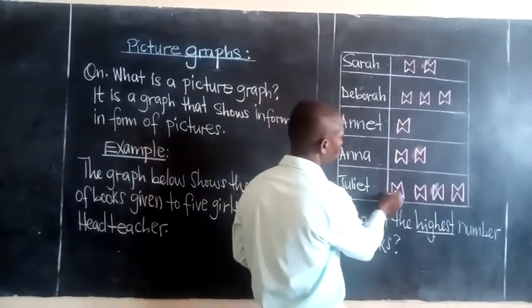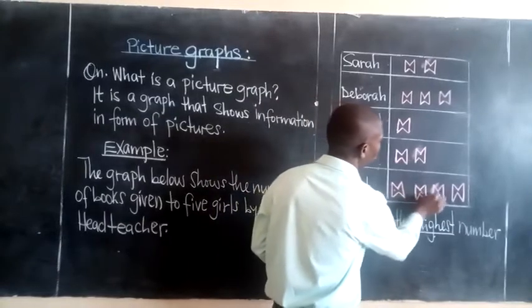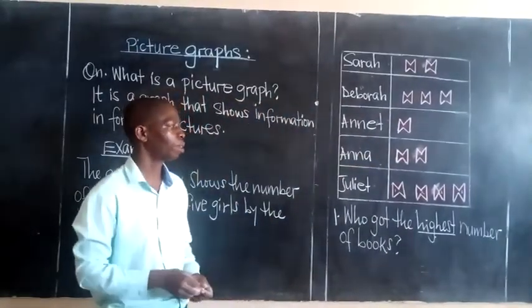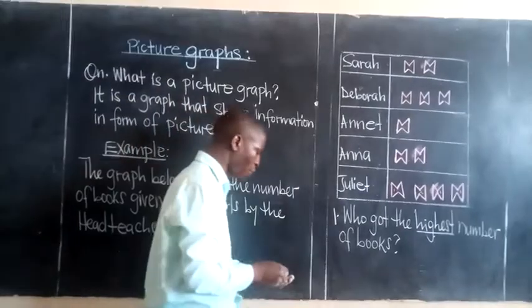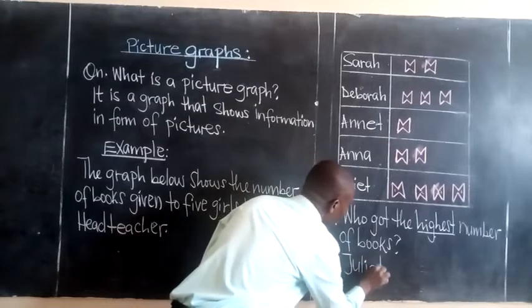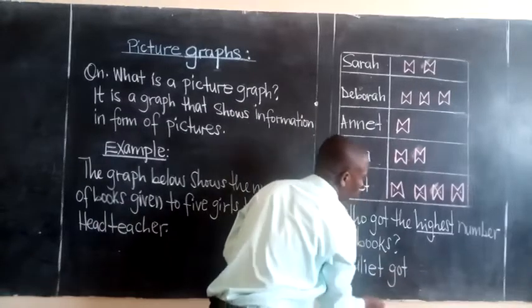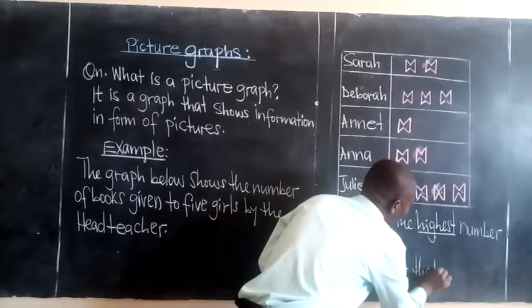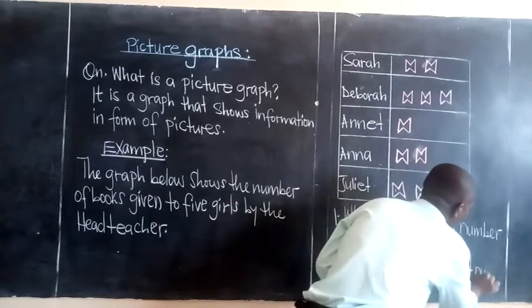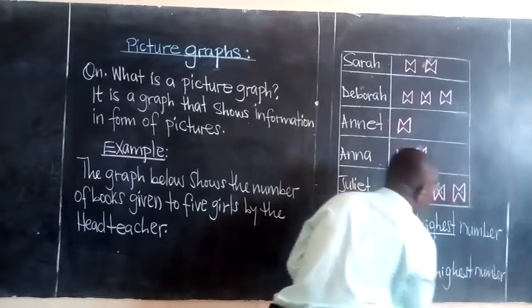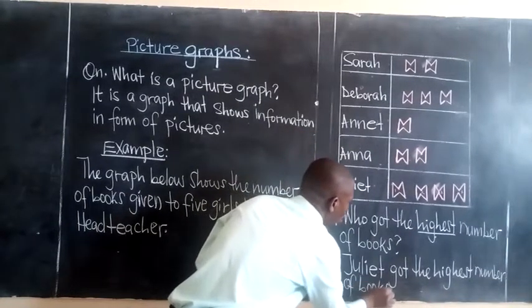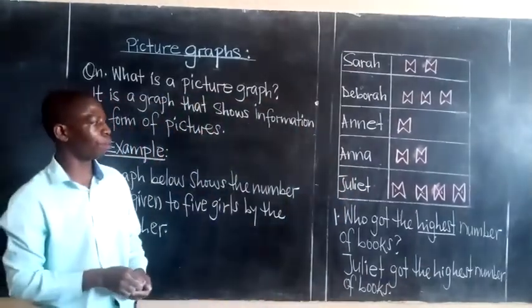So Juliet got 1, 2, 3, 4. So Juliet got 4 books. Juliet got the highest number of books.